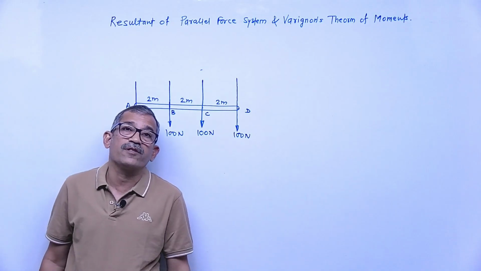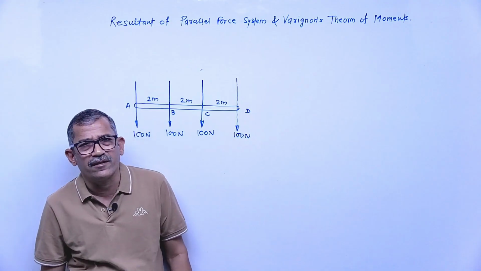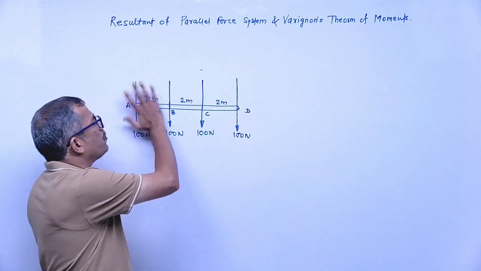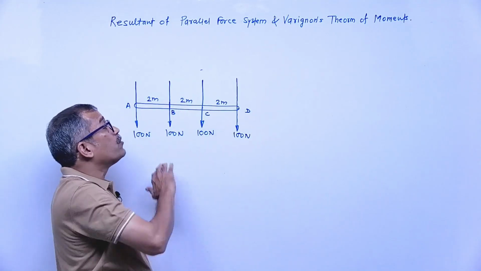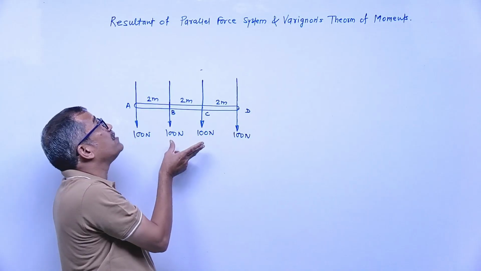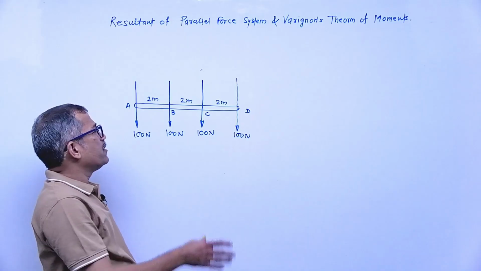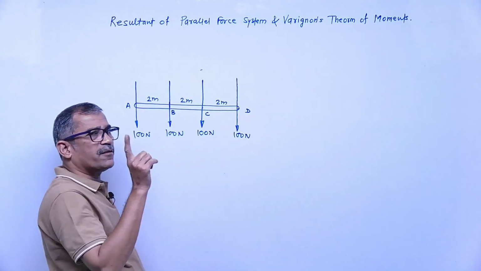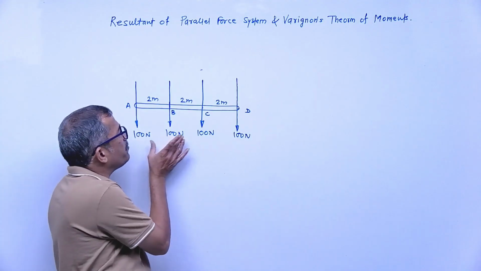That single force is called the single equivalent force, and it is the resultant. Means the effect of the four forces will remain the same when we replace them by a single equivalent force, that is the resultant. The effect of the four forces and the effect of the resultant are the same. Clear?